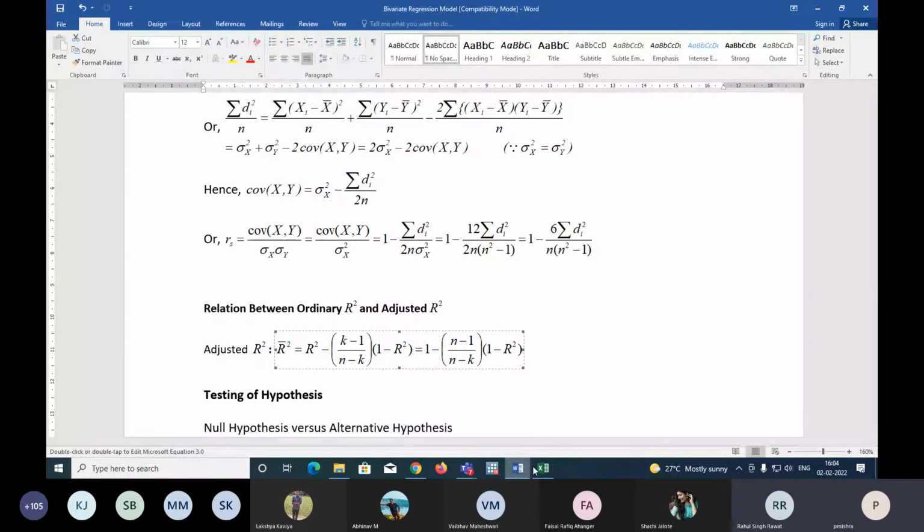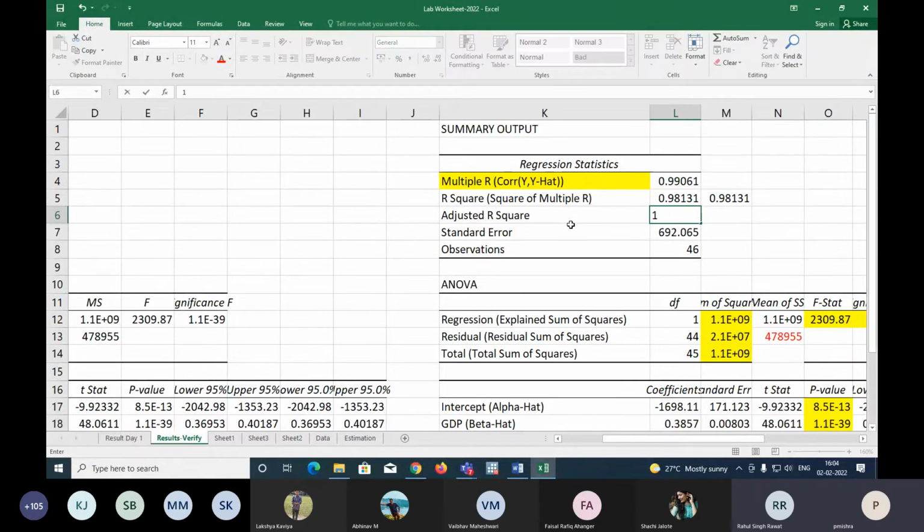So basically what you need to do: 1 minus n minus 1 by n minus k.